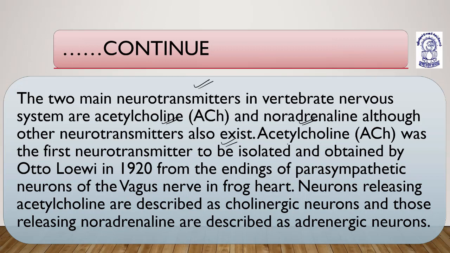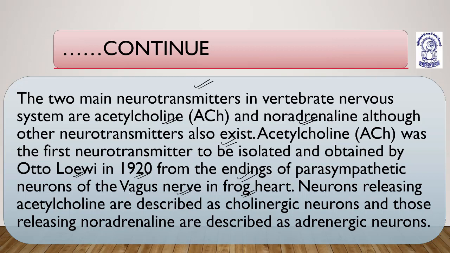Acetylcholine was the first neurotransmitter to be isolated and obtained, by Otto Loewi in 1920, from the endings of parasympathetic neurons of the vagus nerve in the frog heart.